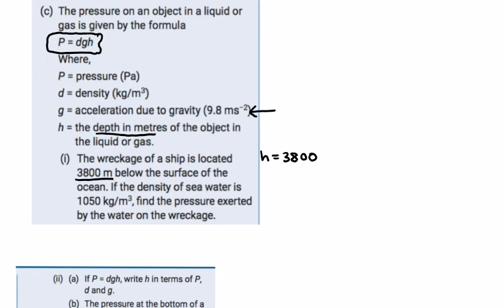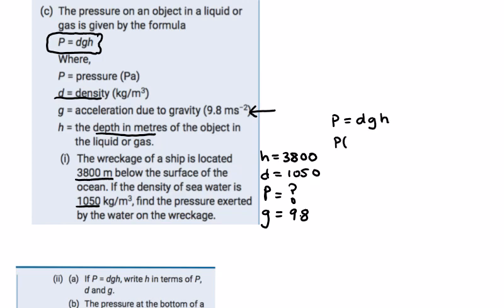Write down what they are. If the density of the water is 1050, density D is equal to 1050. This is your manipulation of formula questions. Find the pressure, we want P. And the only other unknown is G, which they told us is 9.8. So we write out the formula P is equal to D times G times H.